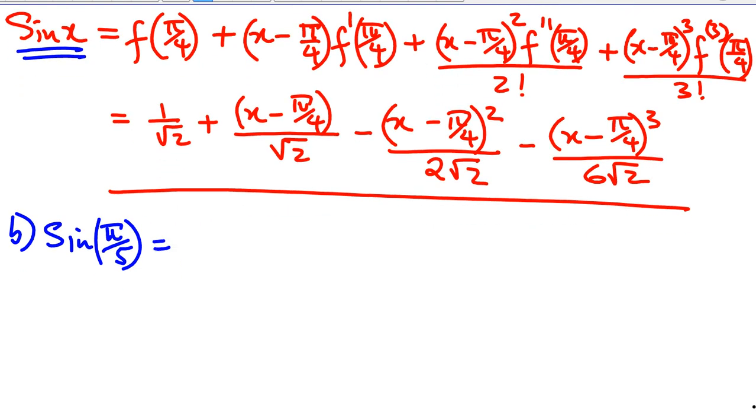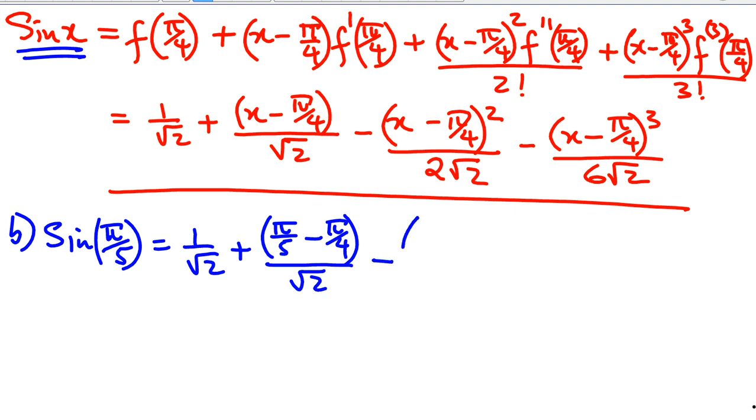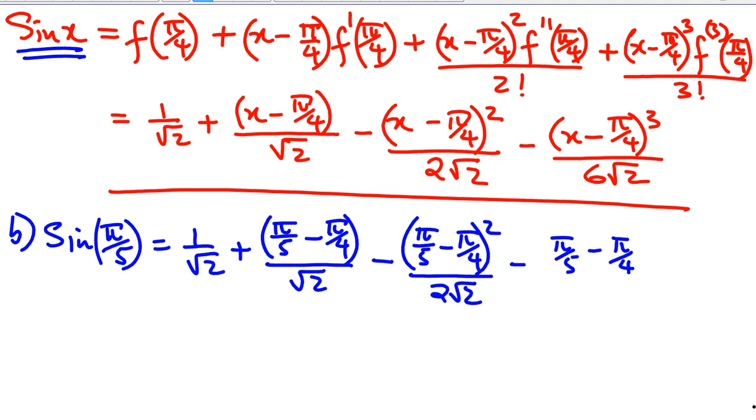So that will be 1 over root 2 plus pi over 5 minus pi over 4 over root 2 minus pi over 5 minus pi over 4 squared over 2 root 2 minus pi over 5 minus pi over 4 cubed over 6 root 2.